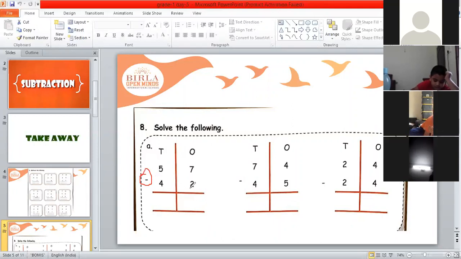So this is 57 minus 42. Sudhamsh, what is the question? Your voice is struggling. Lots of disturbance.